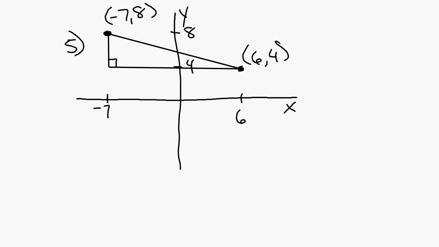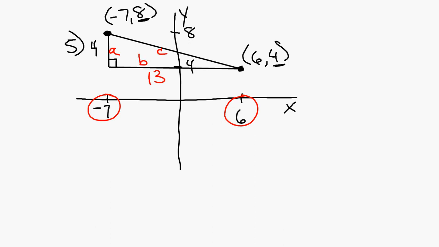This vertical leg goes from 4 to 8 on the y-axis. So it's 4 units. This horizontal leg goes from -7 to +6. So it is 13 units long. Now within that triangle you can label the sides. You've got A, B, and C.